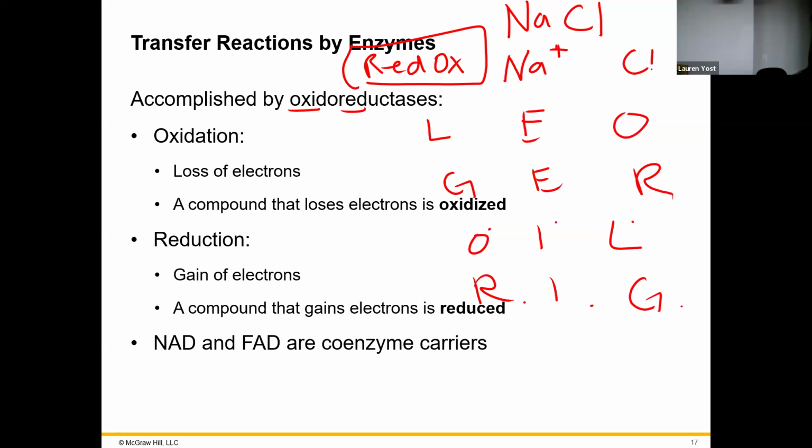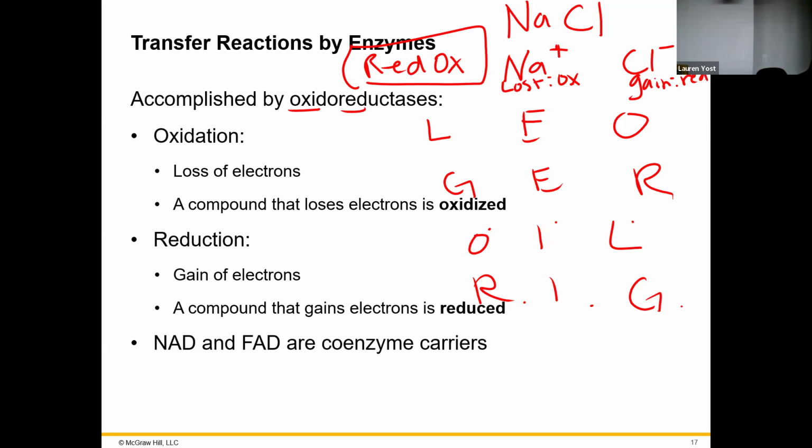And that's why chlorine is negatively charged: it takes the electron on. So this one lost the electron, therefore it is oxidized. This one gained an electron, therefore it is reduced. It really is that simple. Don't overcomplicate it. It's just whether you're giving up the electron or gaining the electron.